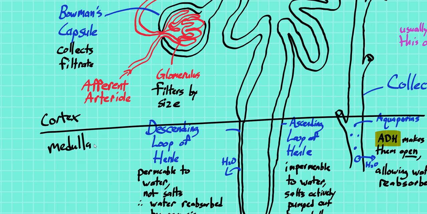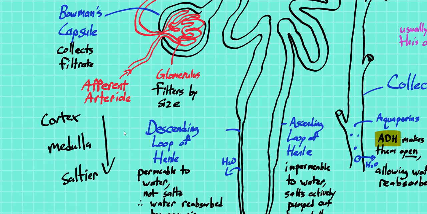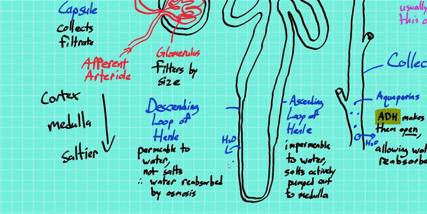And we know that there's a saltiness gradient, that as we go down towards the medulla, things get saltier. That helps to draw out lots of water. The descending loop of Henle is permeable to water. That means water can go through the holes in the side, but not salts. That means that water is going to be drawn out because it's salty down here, and the salts have to stay inside.